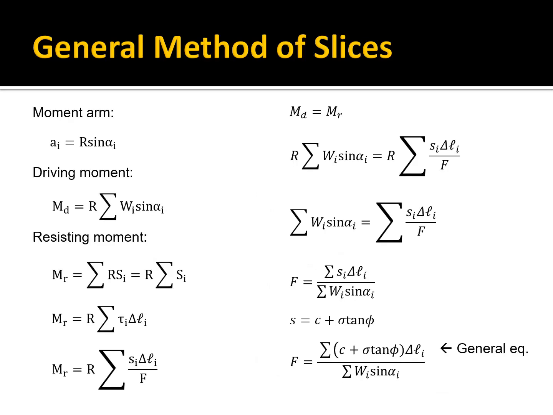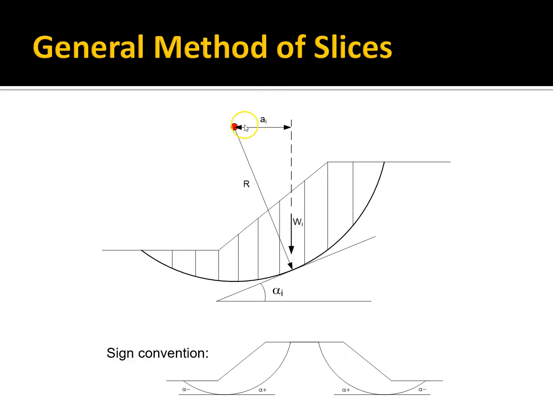Now, using that sign convention, we can calculate the moment arm a_i. By the way, this angle right here between this line coming down from R and W is also alpha_i. And so this moment arm a_i is R times the sine of alpha, okay?